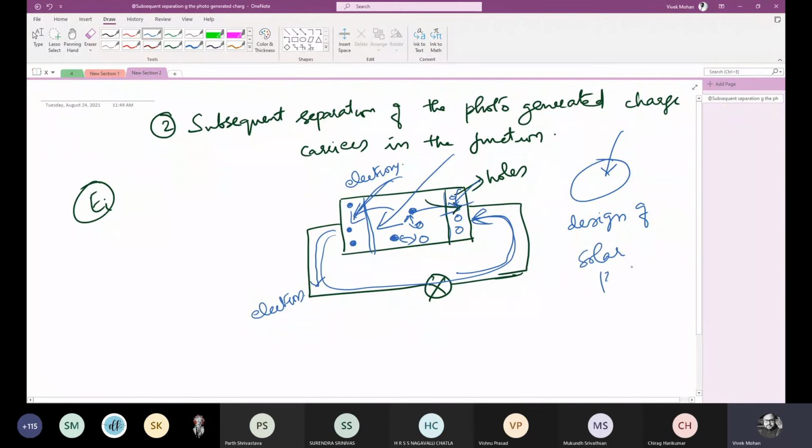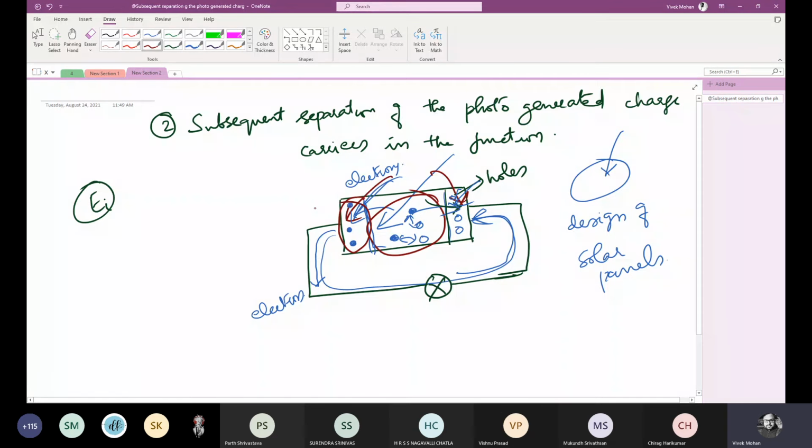So now the semi-permeable membranes must be present on both sides of the absorber. So this is the absorber part. Semi-permeable membranes are here. The electrons can only flow out through one membrane, so electrons will flow through this membrane.